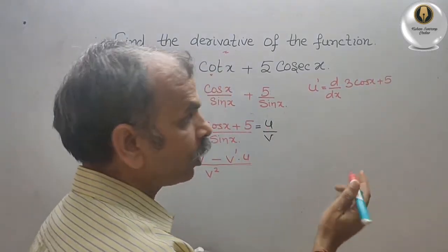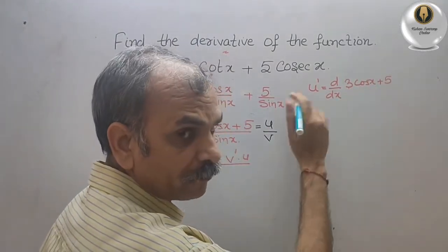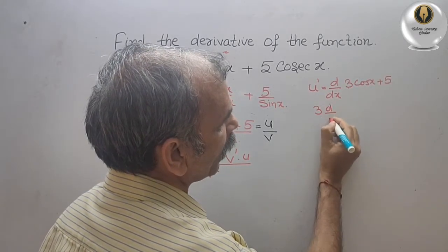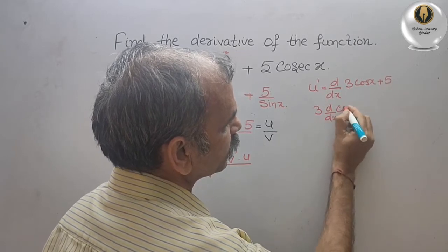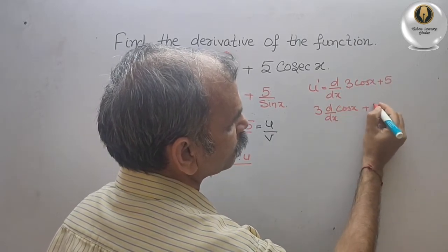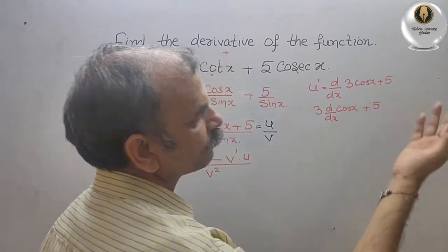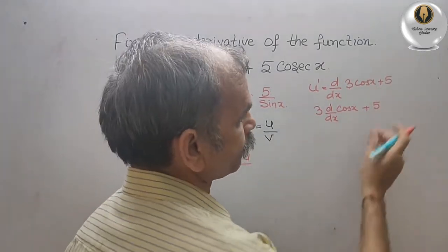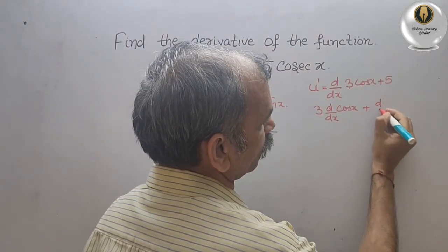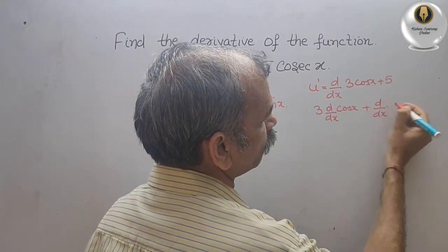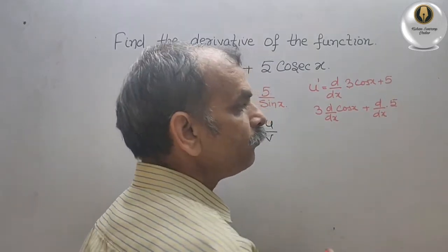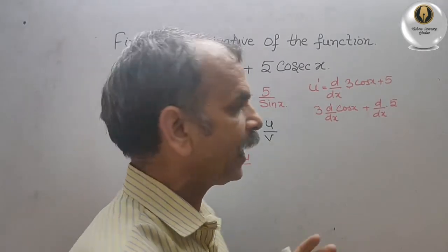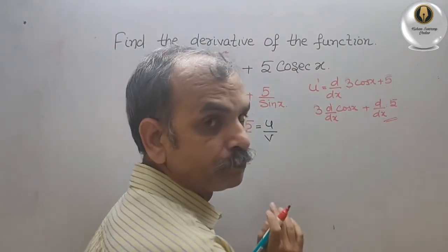This is our constant, constant will come out. It will be 3 d by dx of cos x plus d by dx of that 5. We know that the derivative of a constant is always 0.